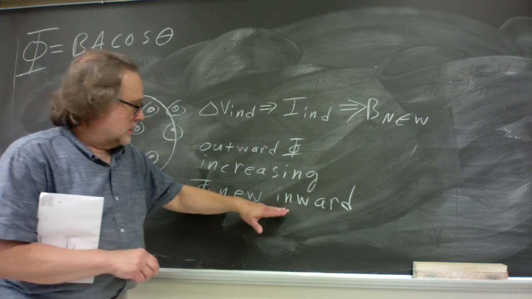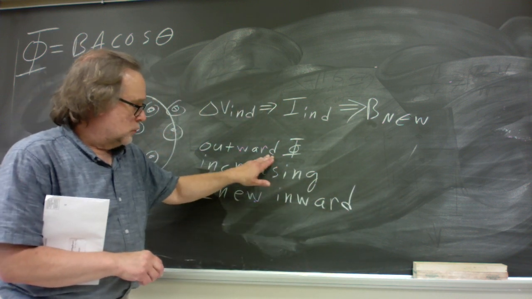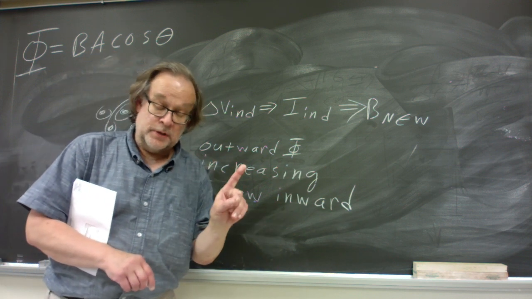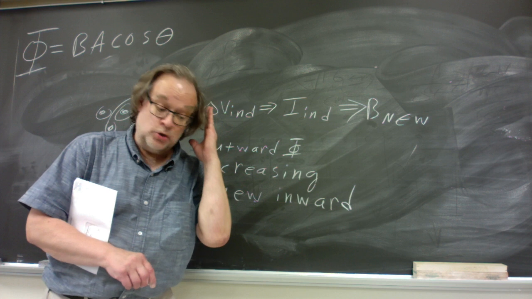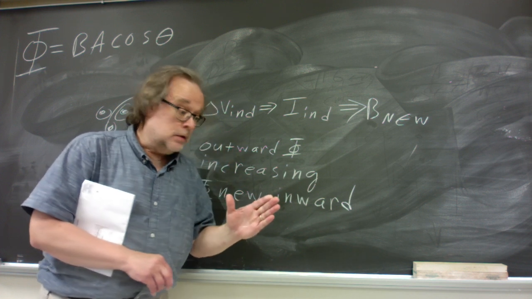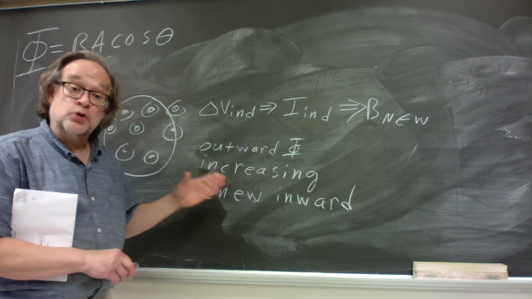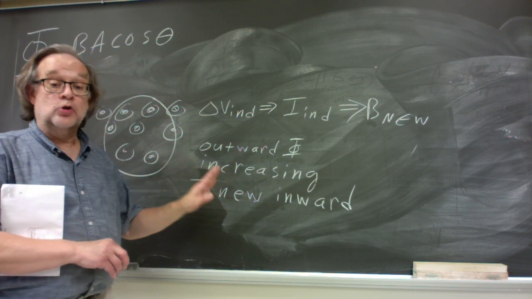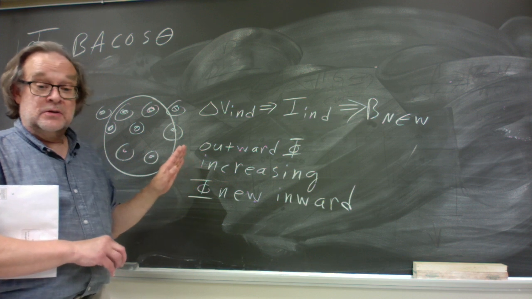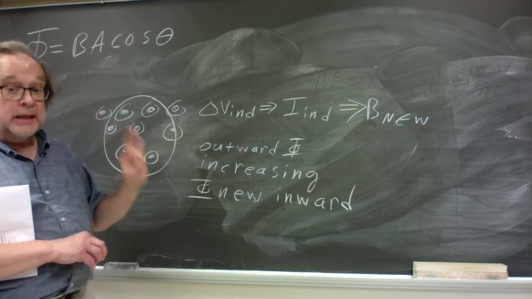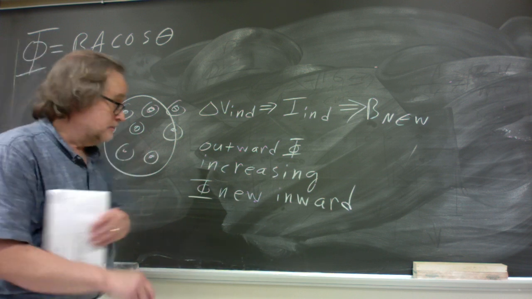And whenever we talk about outward flowing flux or inward flowing flux, here's something to remember. You won't get anywhere if you don't remember this. This always refers to what's happening inside the loop. Whatever's happening outside the loop is irrelevant. Don't bother with it. It doesn't matter. What matters is what's going on inside the loop only.